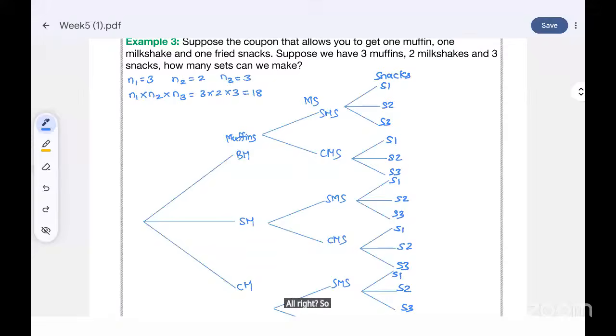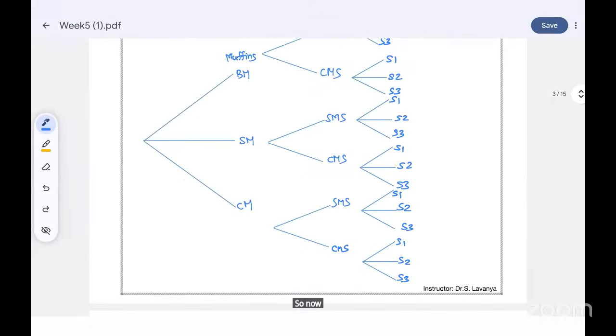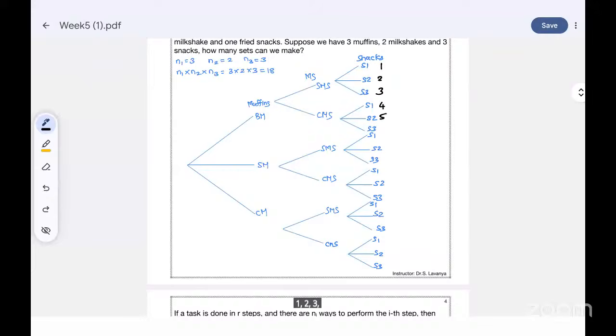So these are the possible combinations. Now how many combinations can we observe here? 1, 2, 3, 4, 5, 6, 7, 8, 9, 10, 11, 12, 13, 14, 15, 16, 17, 18.